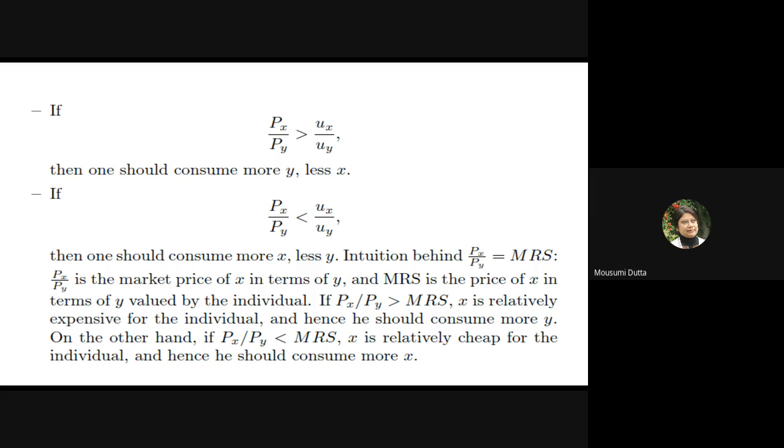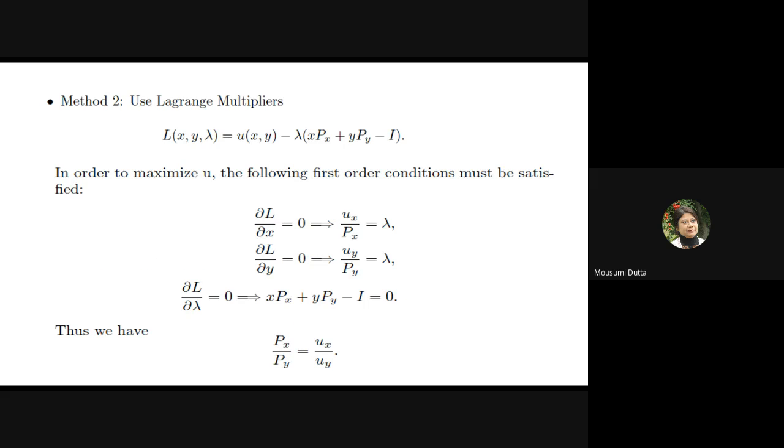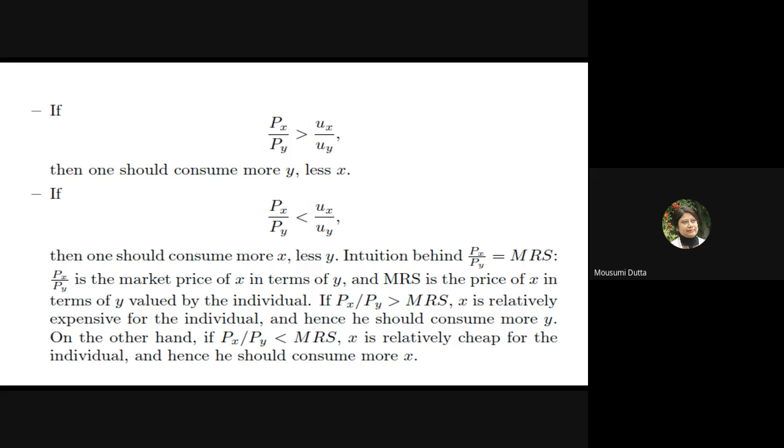Now, before moving to the second and the third method of reaching this equilibrium, let's try to explain a few points around the equilibrium solution. Why is the equality between px by py and ux by uy becoming the equilibrium solution?